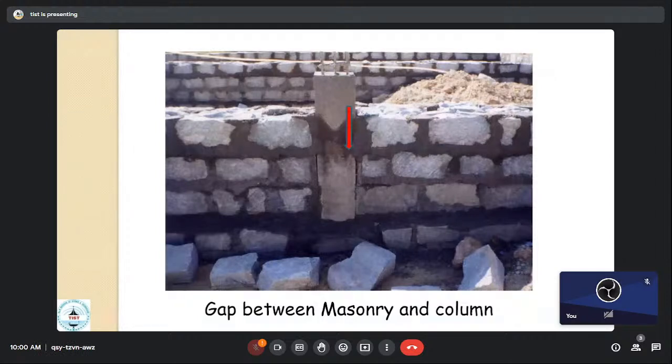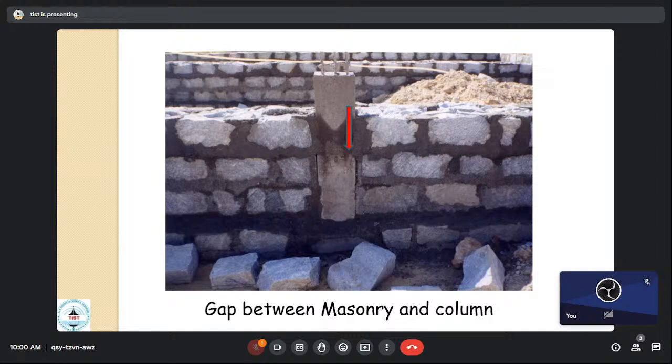Another one more thing, here again there is a mistake. You can see here, a gap between masonry and the column. Normally, there will be a car porch or a long structure in which we should have a column. Now the column will be constructed and then the RR will be done later. So what happens is this gap would be there in that case. If you see the gap, it would be good because you can do something.